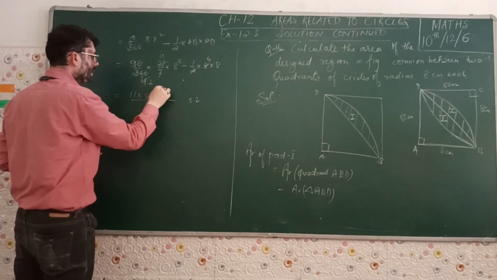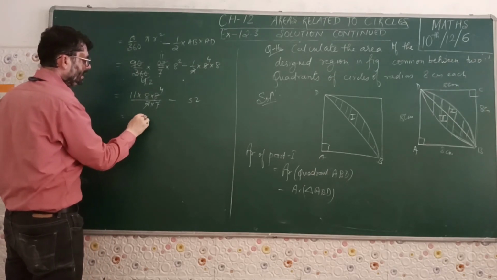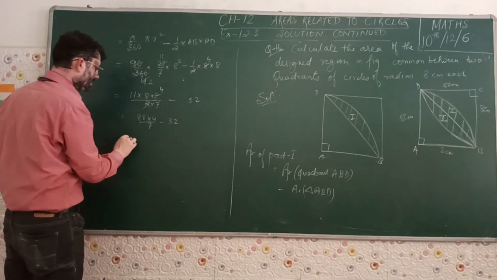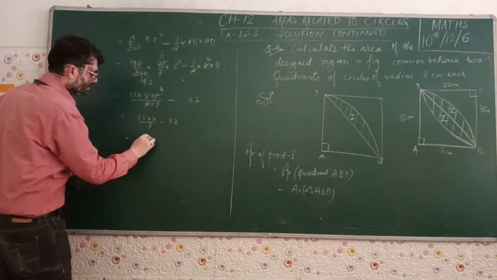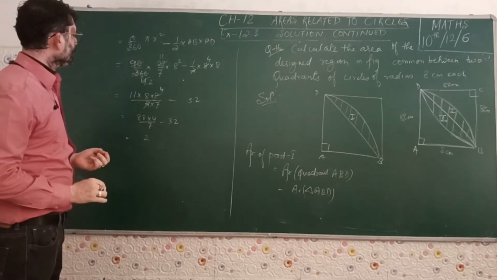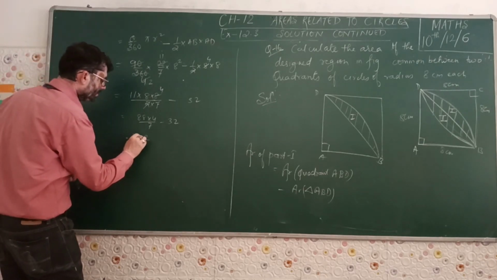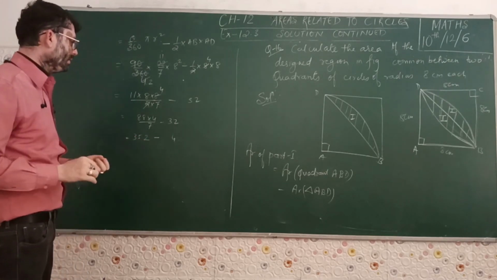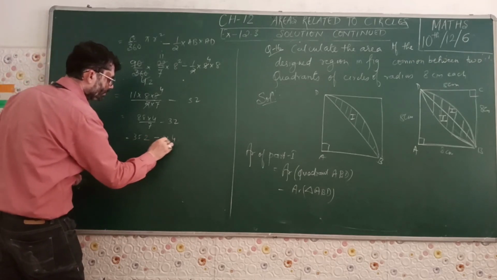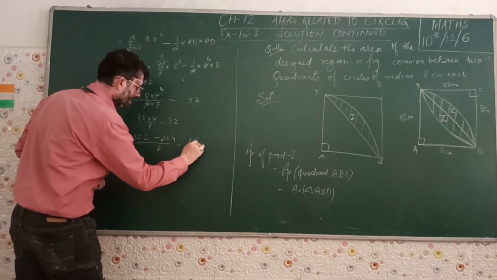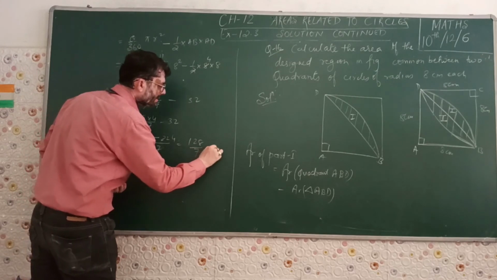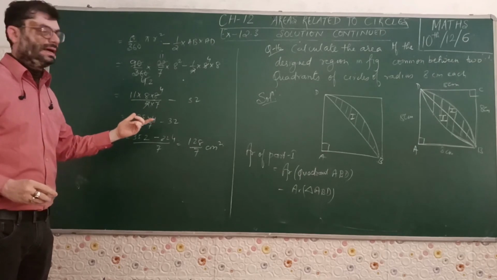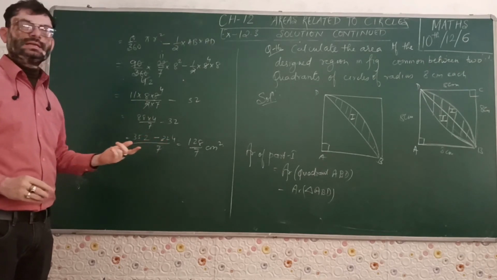So again this 2 can be cancelled, so 88 into 4 by 7 minus 32. Let us calculate this one. 8 into 4 is 32, 352 by 7 minus 32, which is 224 by 7. So 352 minus 224 is 128 by 7 centimeter square. So we have got the area of part 1 as 128 by 7 centimeter square.